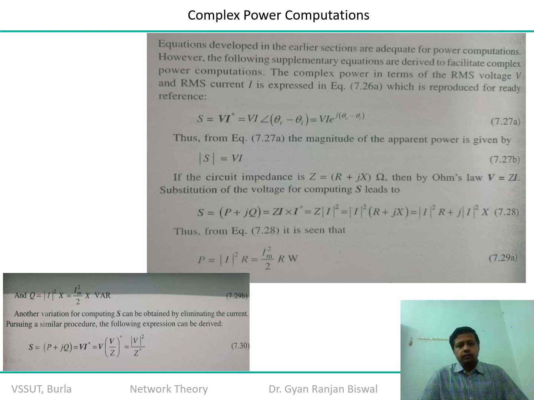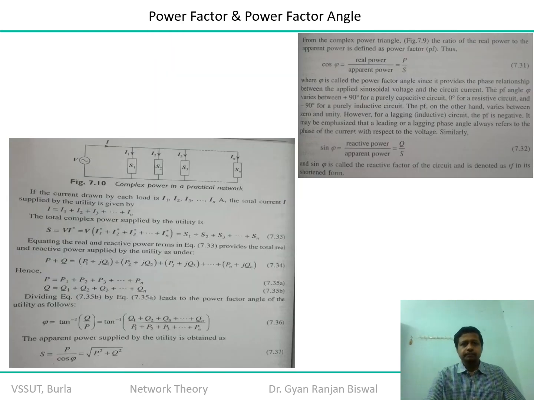So the average amount of power is the mod of I square R, which is equal to Im square by 2 into R of wattage, whereas for complex power it is mod of V square by Z or mod of I square into Z. If you look at the power angle and the power factor aspects, sine phi is the ratio of reactive power upon apparent power, whereas cos phi, coming from the power factor side, is the real power upon the apparent power. So phi deals with the power factor angle.